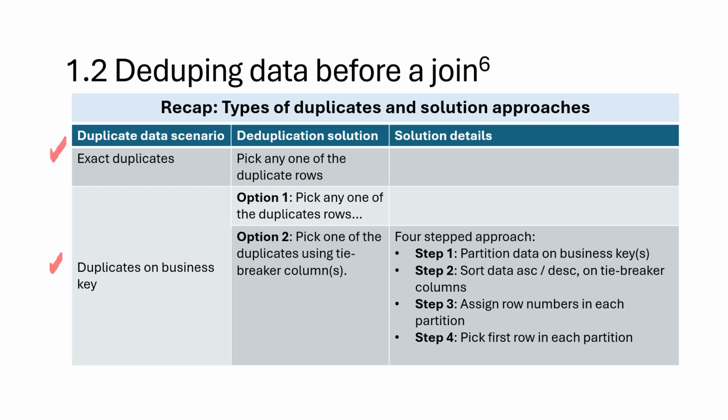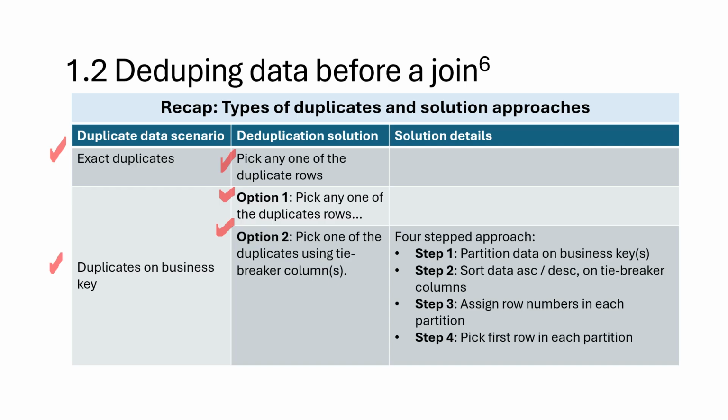The solution to remove exact duplicates is to simply pick one of the duplicates. Whereas for duplicates on business keys, we can take two different approaches. Either we may want to pick any one of the duplicates or pick a specific duplicate record based on not only the business key but also based on additional tiebreaker columns such as last updated column, etc.